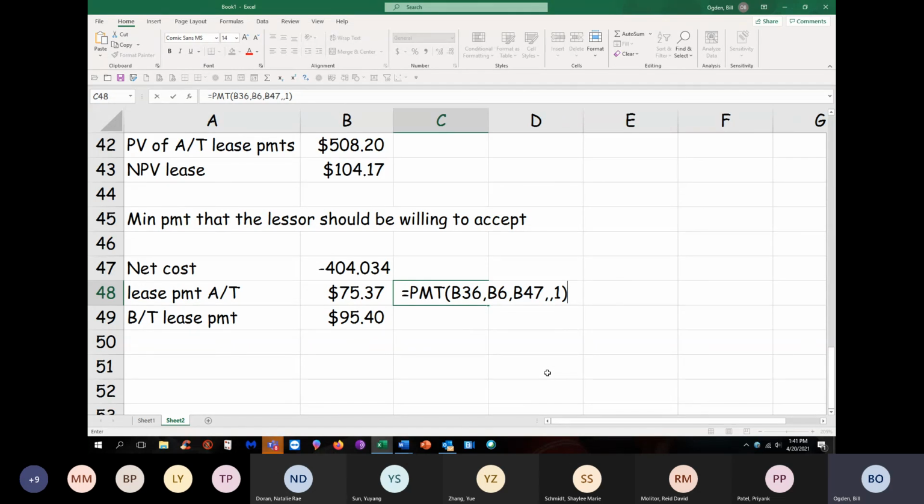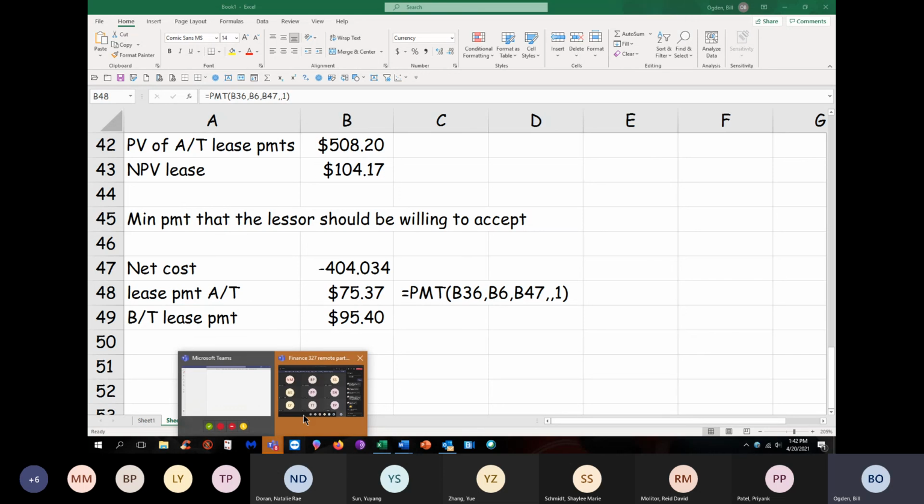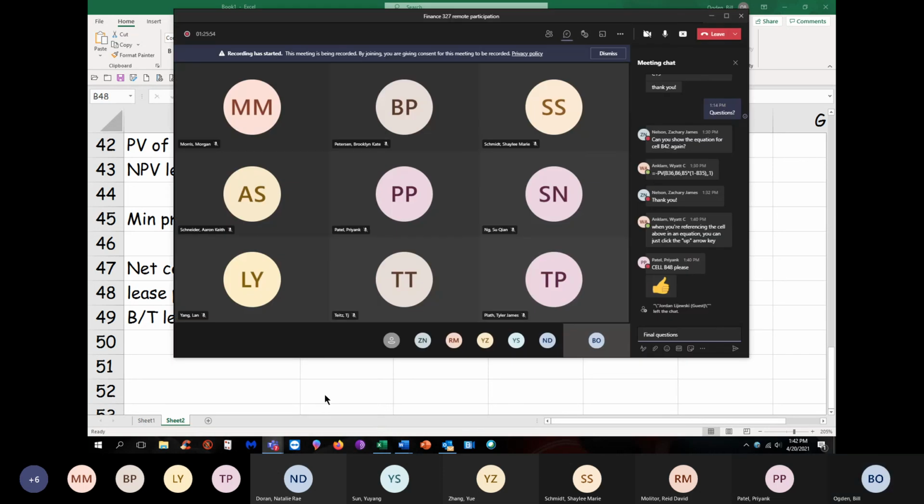You want the number of payments, which I went up above to get. And then what's that next argument? Is the present value. Yep, and the present value was the net cost. And then I specified a beginning of the period annuity. Is that working for you now? Okay, very good. Thank you.